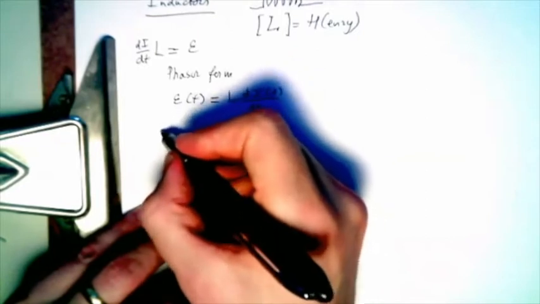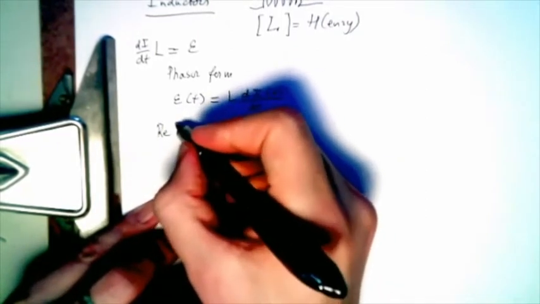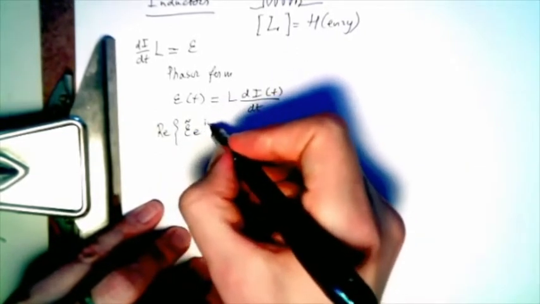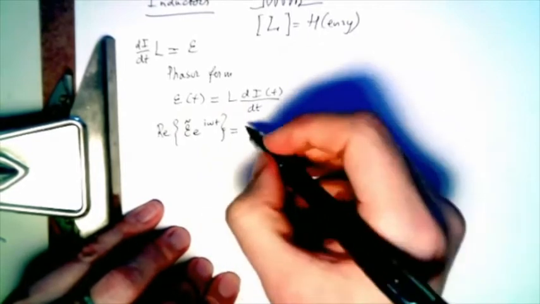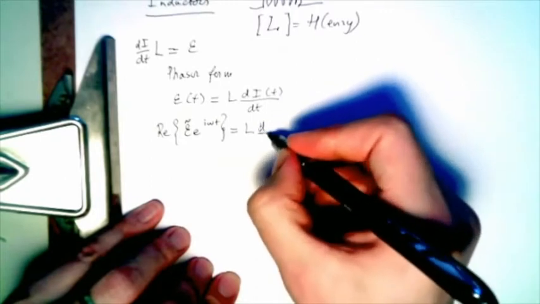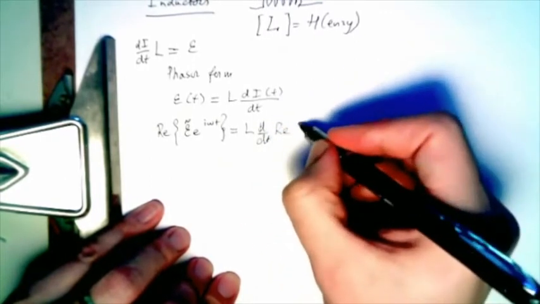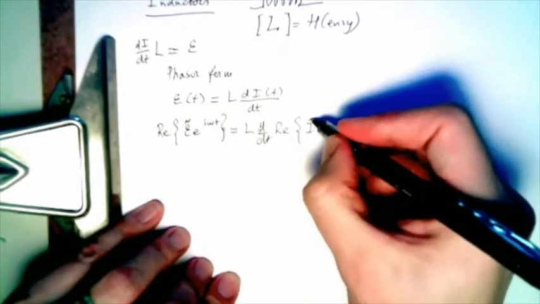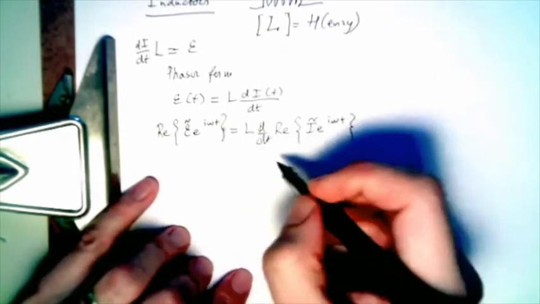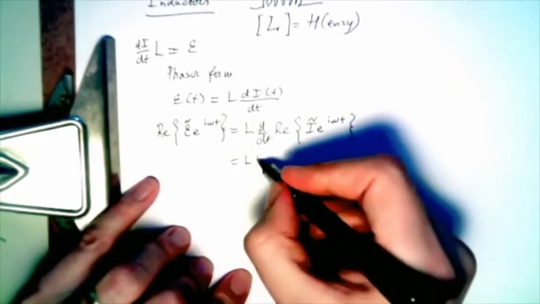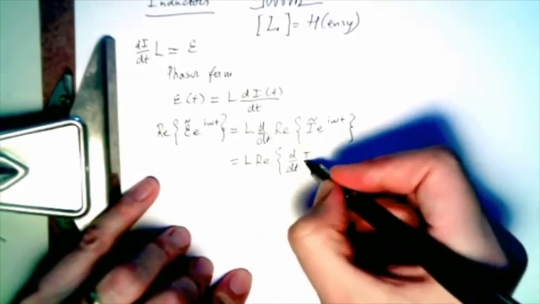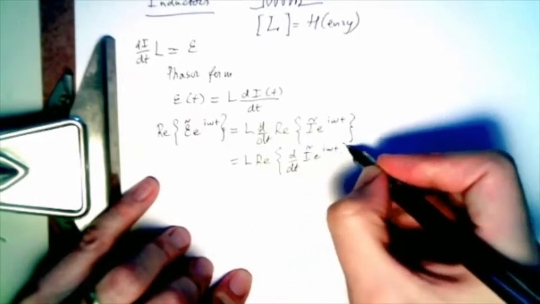So that means we can write this as the real part of the EMF phasor, e to the power i omega t, and then L times d/dt of the real part of the current phasor, e to the power i omega t. Now, this is a linear operator, which means we can bring this in. So we can just say this is L times the real part times d/dt of I e to the power i omega t.